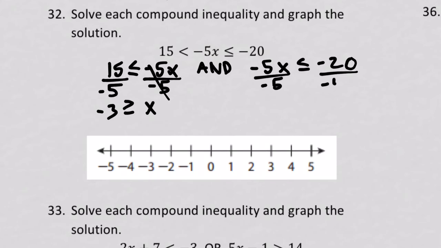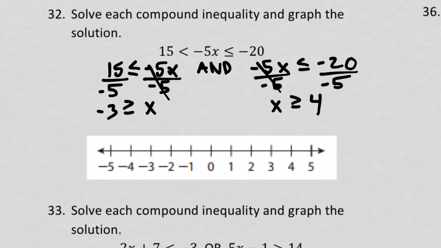So x is on this side. Once again, I divided by a negative, right here, I'm dividing by negative 5. So I have to reverse the inequality symbol once again. Negative 20 divided by negative 5 is positive 4. Okay, so x is less than or equal to negative 3 and it's also greater than or equal to 4.